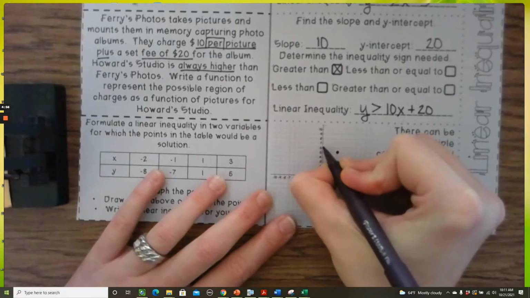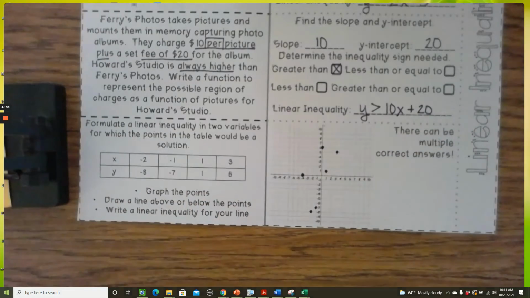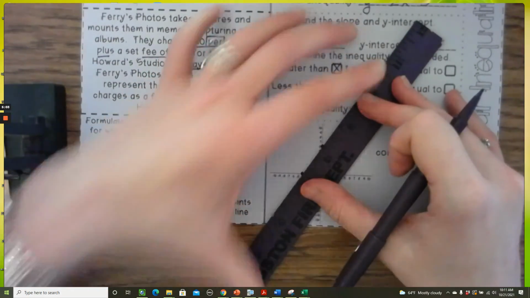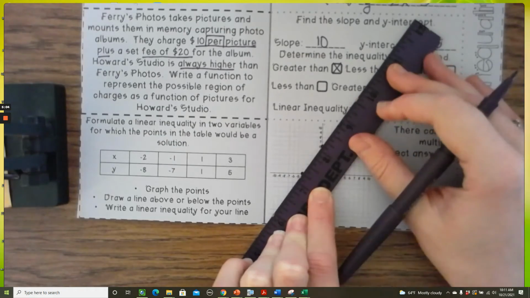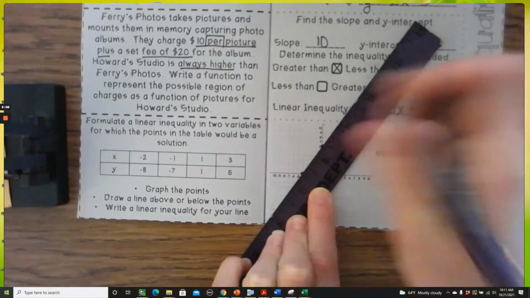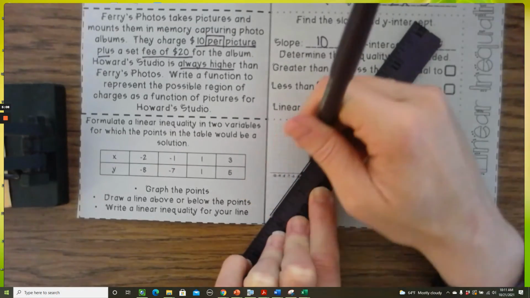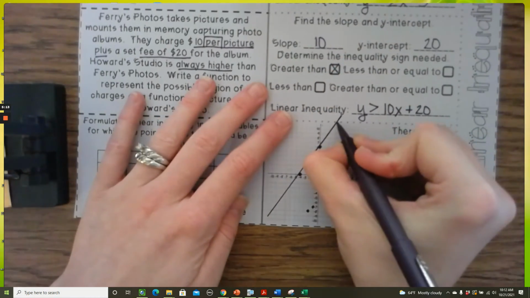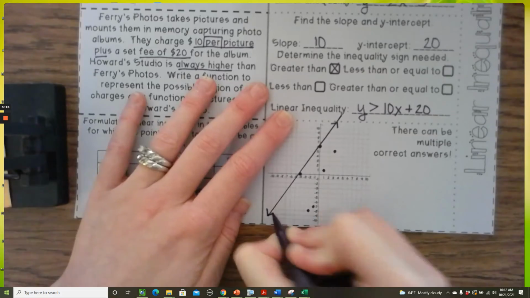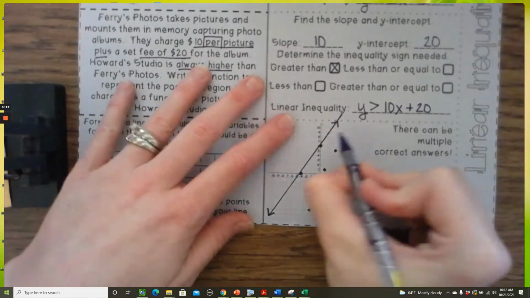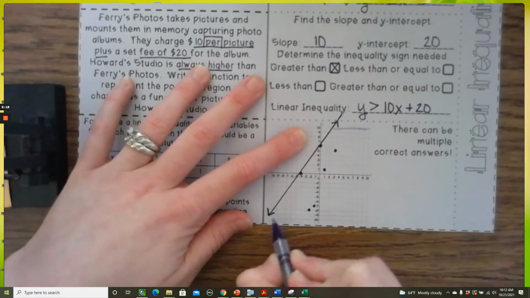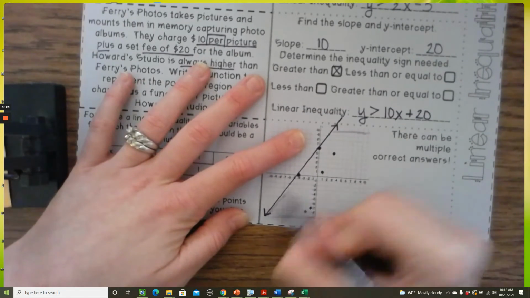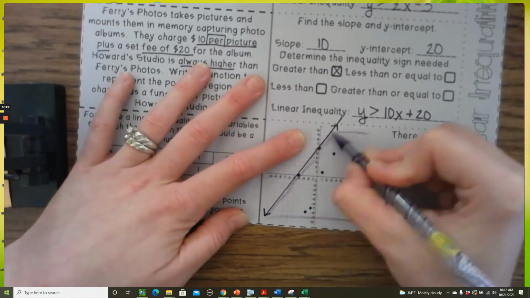I'm going to use those to draw my line, just so I make sure that I get a good line that I can write an equation for. As long as I have 2 points, I can draw a line and I can write an equation or an inequality for that line. Okay, so here's my line. And so my solution set is everything below that line. So this whole area, this is my solution set.